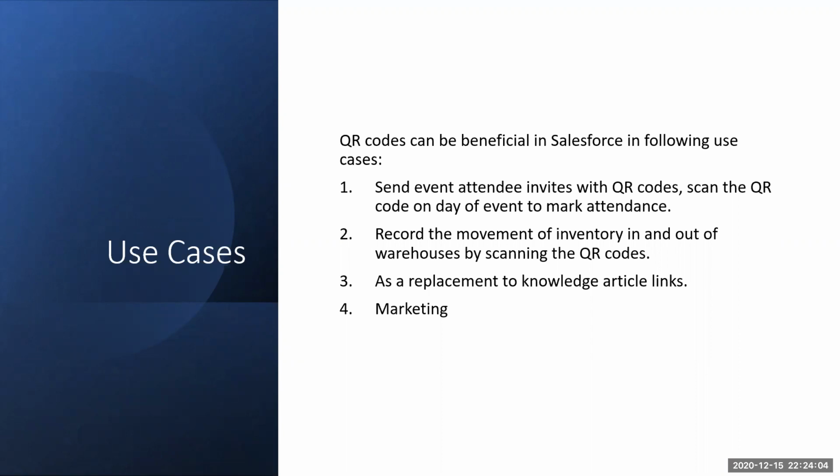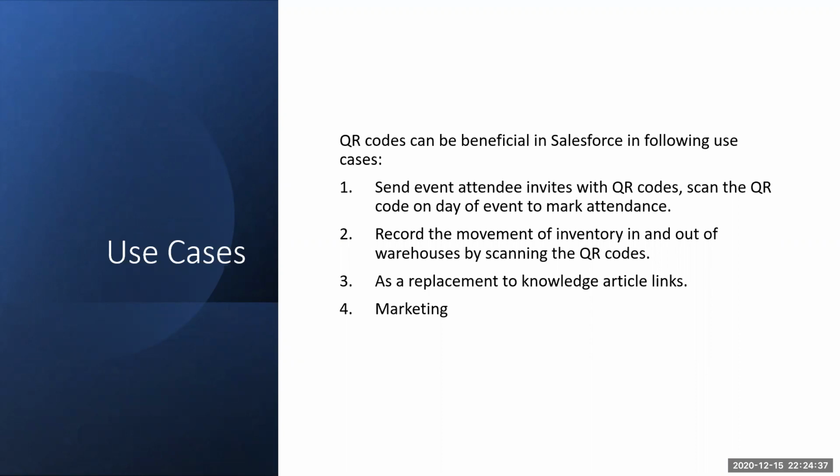using that QR code. As an example, say it's some event like Trailhead DX or some event that you want to organize. The organizers will send out invites via email to all the attendees, and the email template can be a Visualforce email template. It can have the QR codes within it.